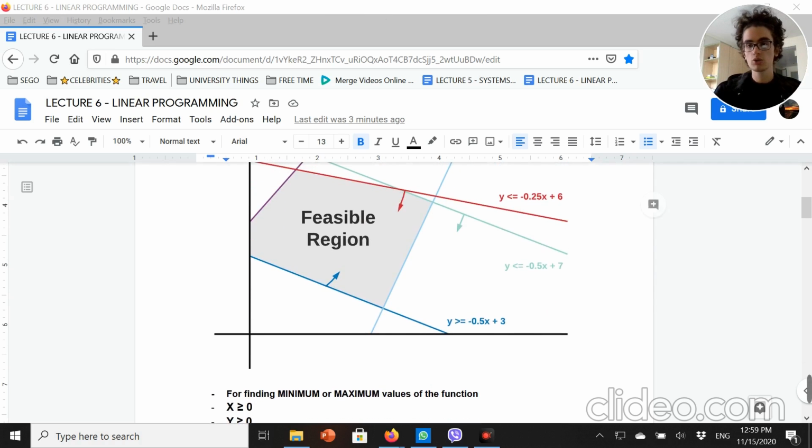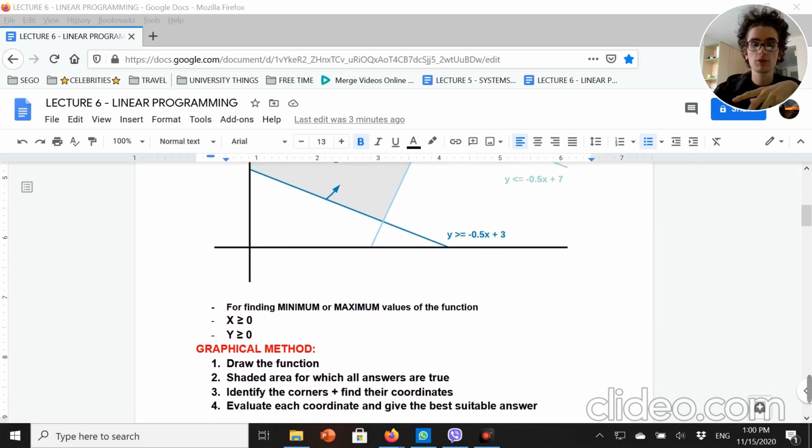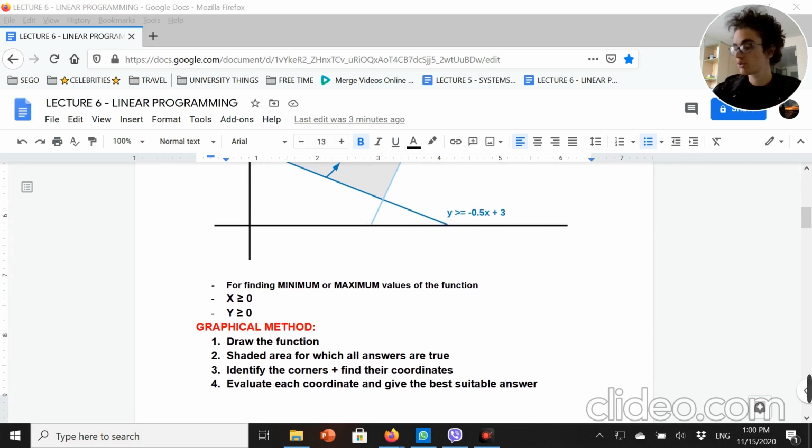And there are two ways to solve a linear programming exercise. In this video, I'm going to focus on the graphical method for two reasons. First reason is it's the method that we covered in class. And second reason, that method is like 100 times easier than the other method, which is called the table method. So how do we approach the graphical method?